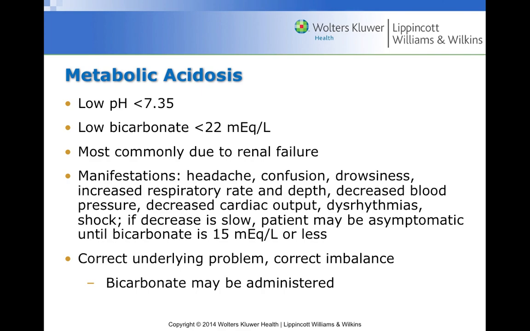And in your text on page 271, most important chart, table 13-7, which goes over your normal values for arterial and mixed venous blood.